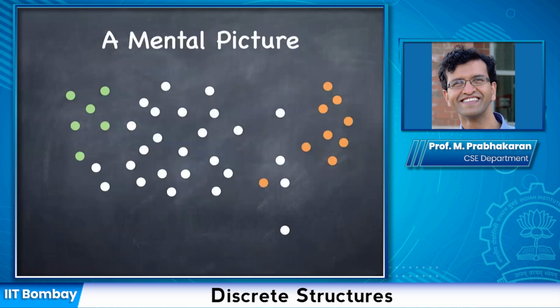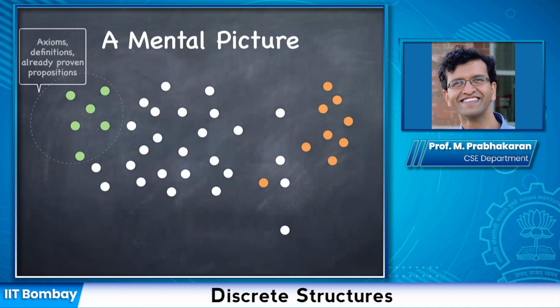So here's a quick mental picture: there's a universe of all propositions sitting around. Every proposition is either true or false. The green ones are true propositions, the orange ones are false propositions. For every proposition, its negation will have the other color. But the trouble is there are a bunch of propositions which, just looking at them right now, you don't know whether they are true or false.